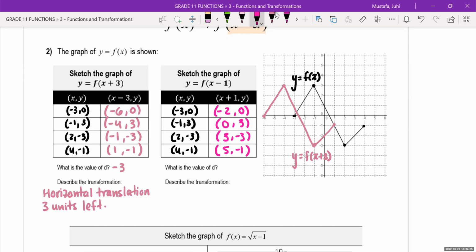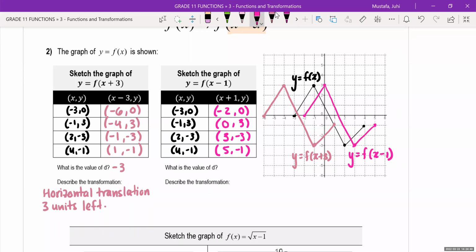And when we graph this, we should notice that our graph is moving 1 unit to the right according to the original function. And I'm going to label this y is equal to f of x minus 1.